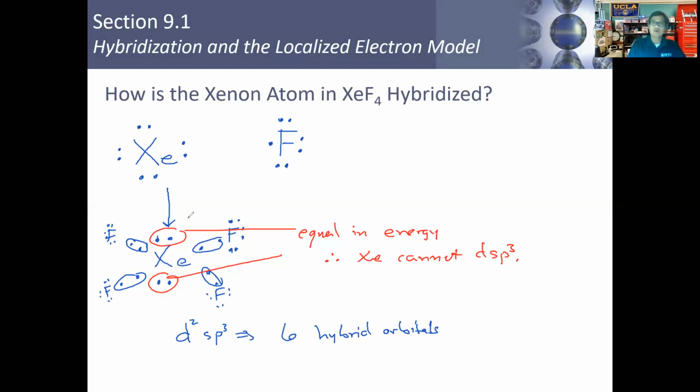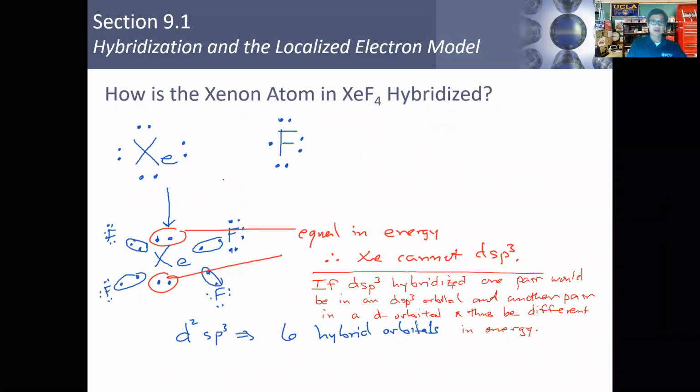When we do the photoelectron spectroscopy of this molecule, we see that all of these electron pairs, the 4 bonding pairs with the 2 non-bonding pairs, are all equal in energy. Because of that, the xenon cannot be sp3 hybridized, and it can't be dsp3 hybridized either. The key reason is that dsp3 hybridization gives you only 5 degenerate orbitals, and that means one of these electron pairs will not be equal in energy.